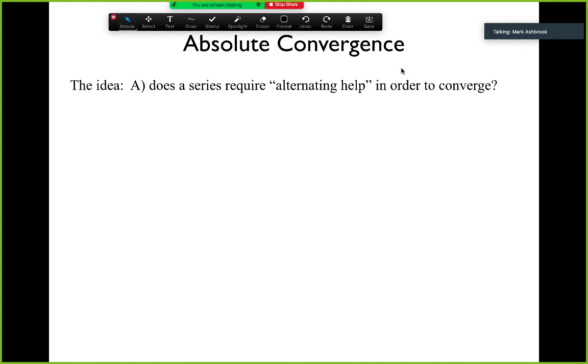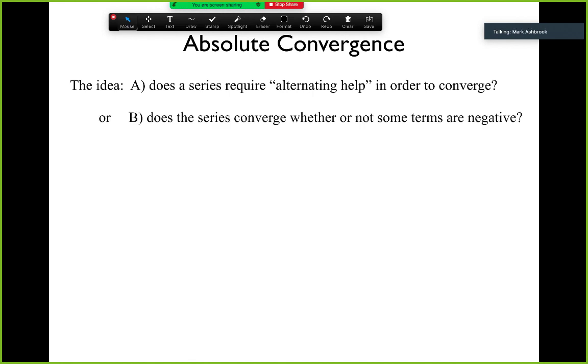So it requires that alternating help to get it to converge. If it doesn't have the alternating help, it diverges. So does it require the help? Or does the series just converge whether or not some of the terms are negative? So regardless of whether it alternates or not, does it still converge?